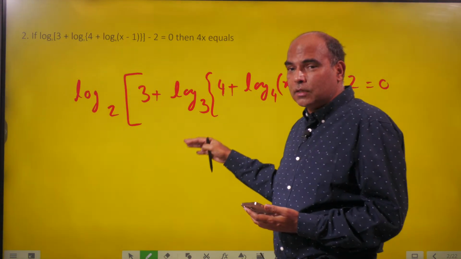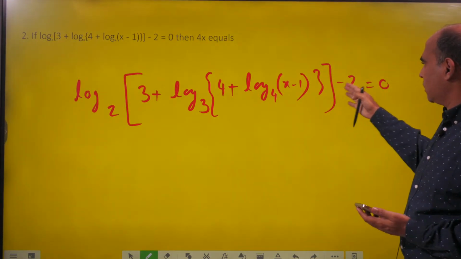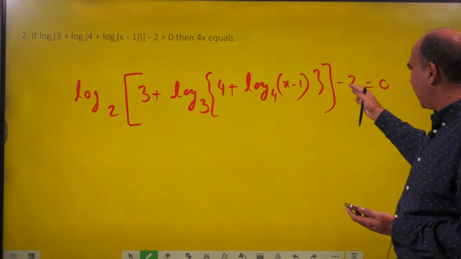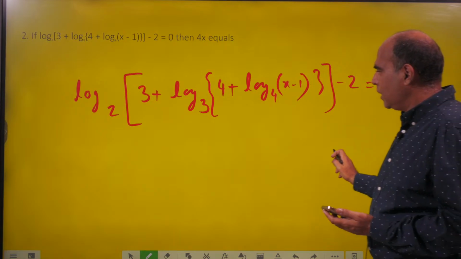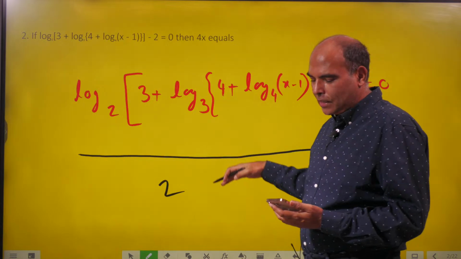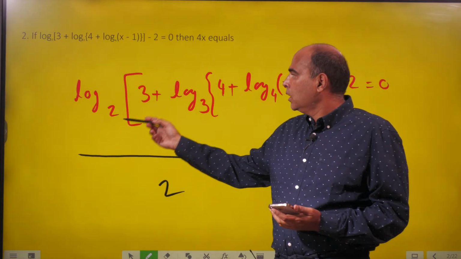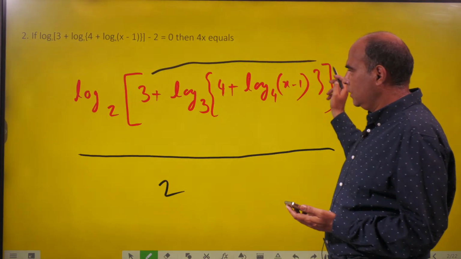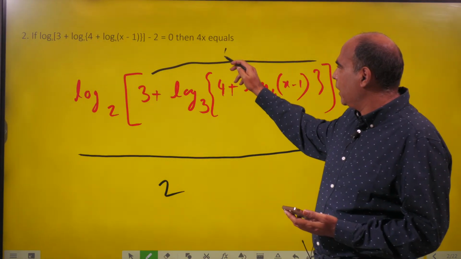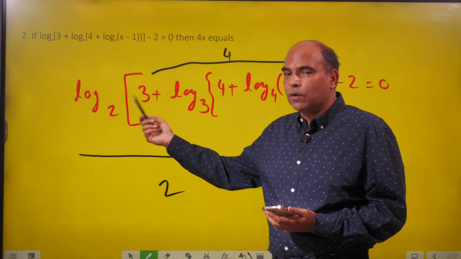So the key reactions in this question: the first reaction we need is that because this whole logarithmic expression minus 2 is equal to 0, it means I want a value of 2 in this logarithmic expression, and since it's to the base 2, inside this square bracket I need a value of 4, because log 4 to the base 2 will give me 2.